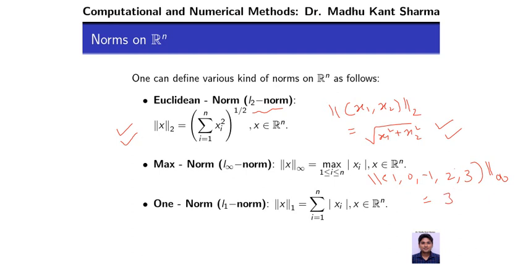The one norm is given by taking the magnitude of each entry and then taking the sum.